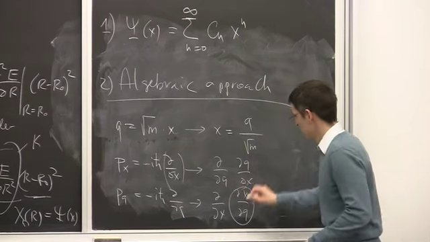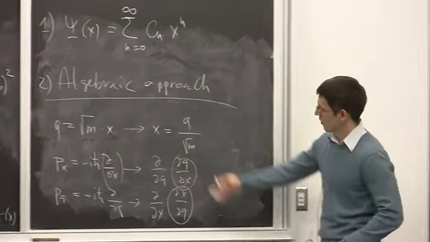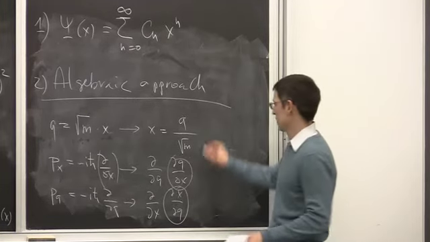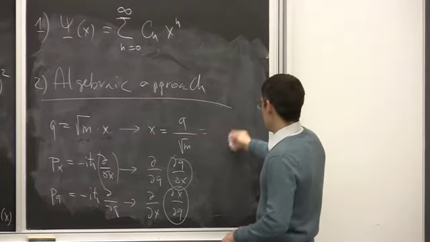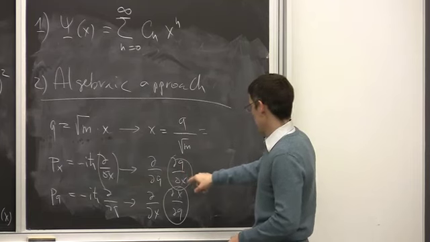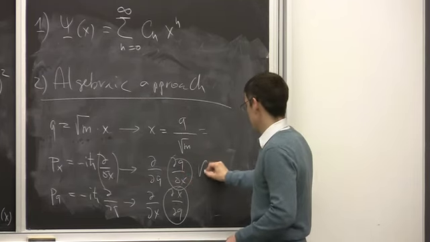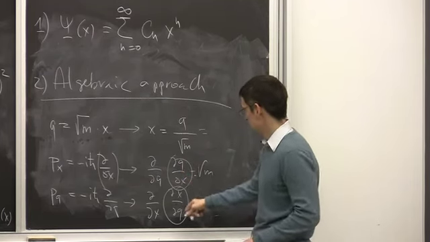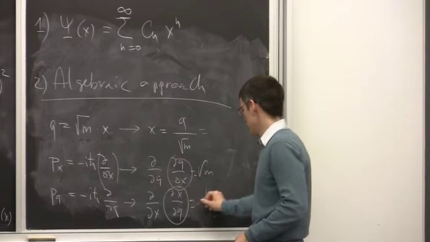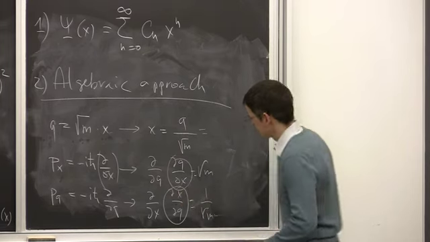And we know what this is, right? The derivative of q with respect to x will be square root of m, and the derivative of x with respect to q will be 1 over square root of m. Okay?